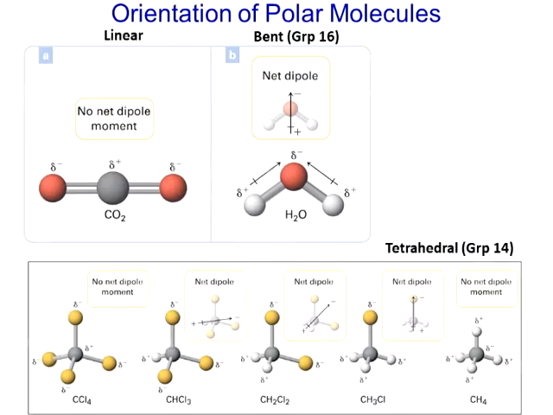Now, we said to you that the dipole is influenced by the geometry. And so we show you in this slide how the linear geometry of carbon dioxide is influenced by its geometry, and not only its geometry, but the electronegativity of the atoms.